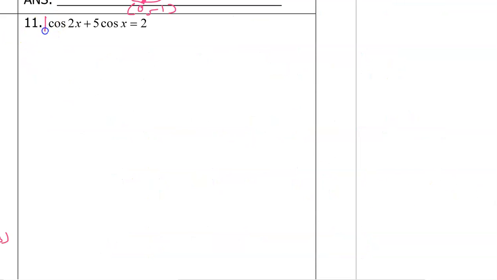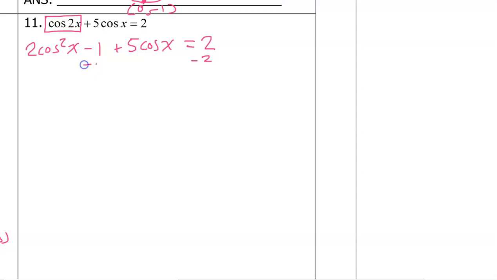So we're going to take this and replace it with 2 cosine squared minus 1. Now here comes the rest of the problem. So I'm going to have plus 5 cosine x is equal to 2. Let's go ahead and subtract 2 from both sides.